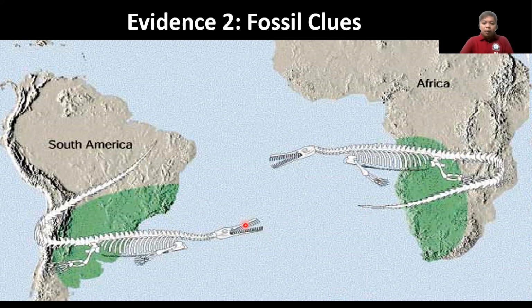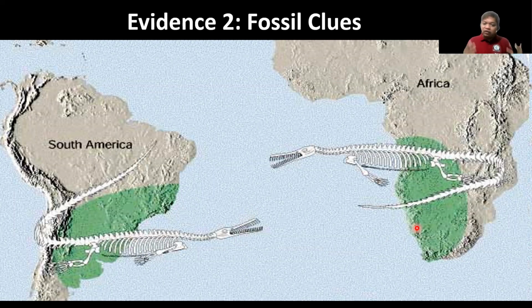So pwedeng sabihin, may fossil ng Mesosaurus sa South America, may fossil ng Mesosaurus sa Africa, well, because lumangoy siya. But remember, Mesosaurus is a freshwater reptile. Hindi po niya kayang mabuhay sa tubig alat or sa tubig dagat. So, bago siya makatawid from South America to Africa, it would take this freshwater reptile days, no? Or months.